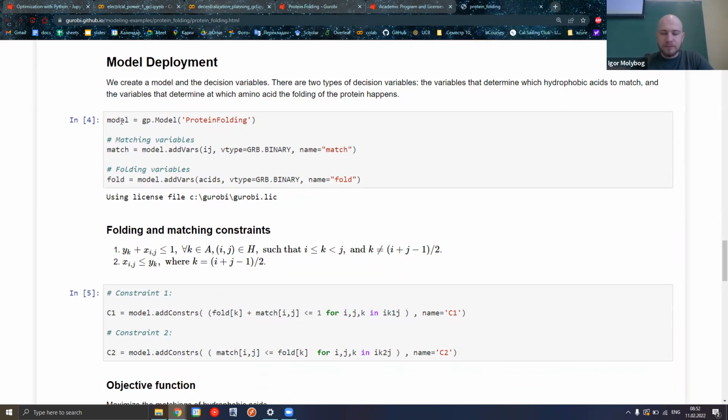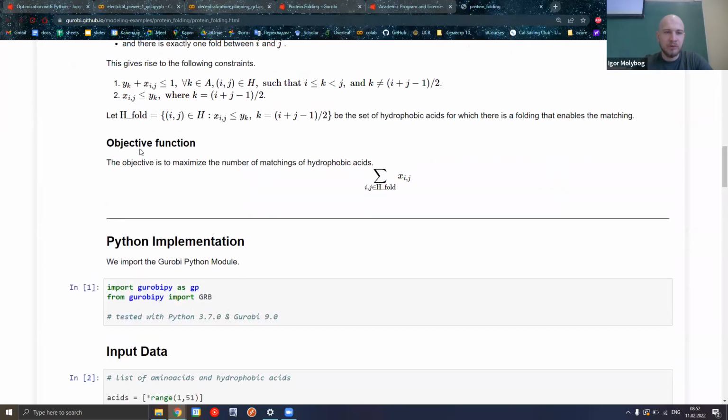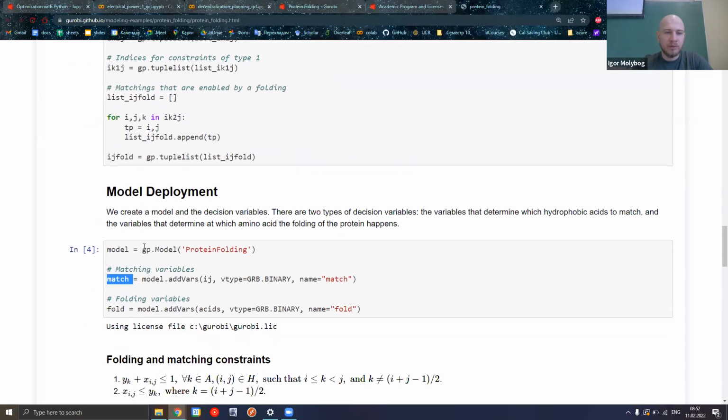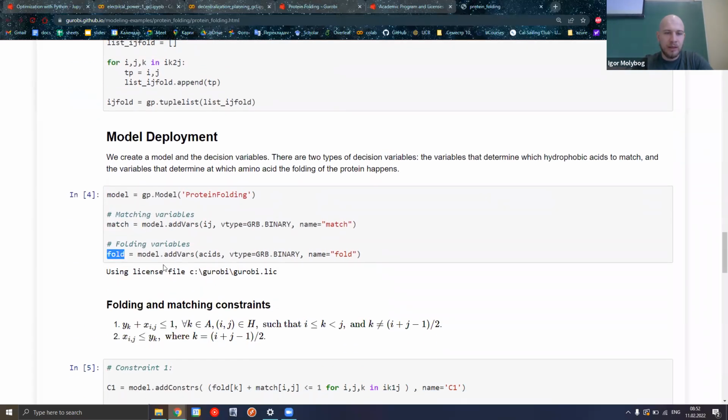So first of all, you would need to define a model. You would need to define variables, the matching and the folding variable. So the match variable corresponds to x in the model, and the fold variable corresponds to y in the model.